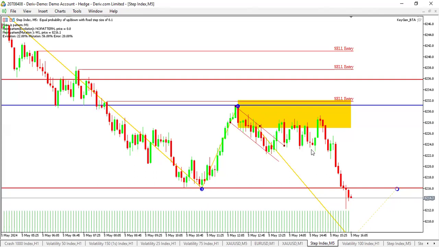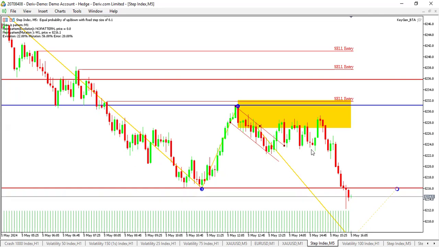I entered with 0.1 lots, about 5 of them, and it retraced to about minus $4 per position, and they were about 5.